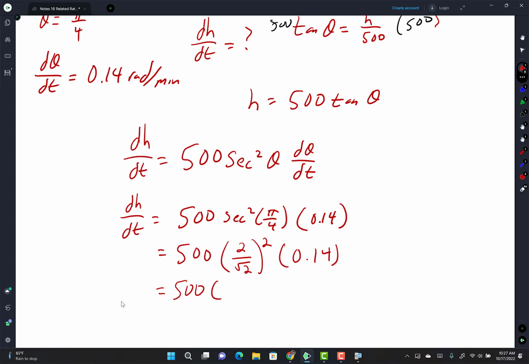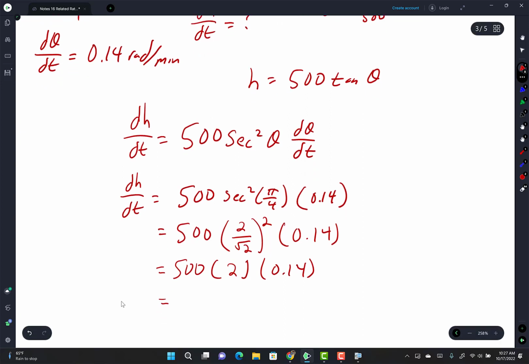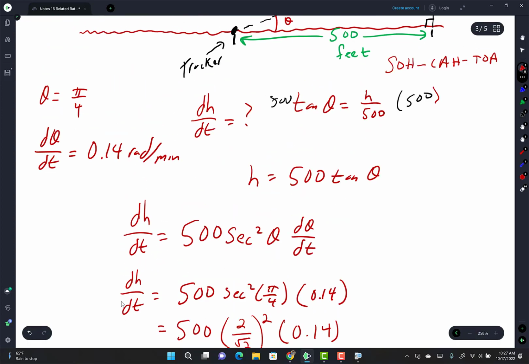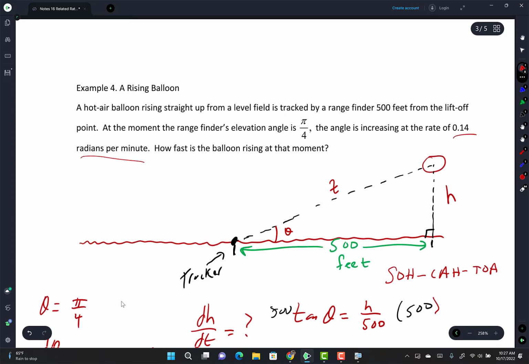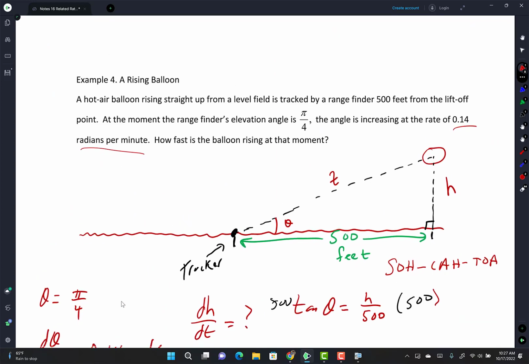Square root of 2 squared is 2. 4 divided by 2 is 2. So then I have 500 times 2, which is 1,000, and then times 0.14. So does that turn it into 140? I believe it does. And I need units.